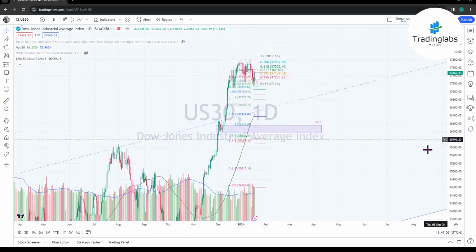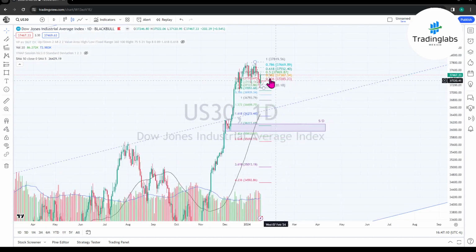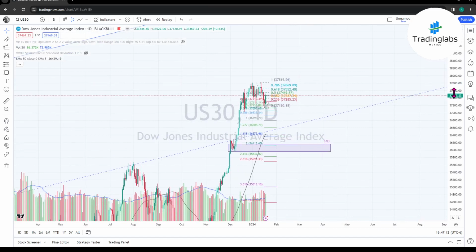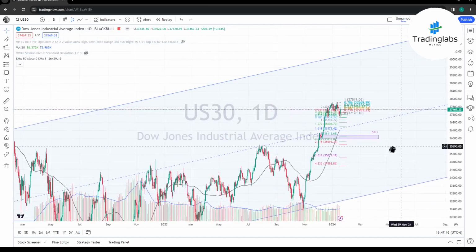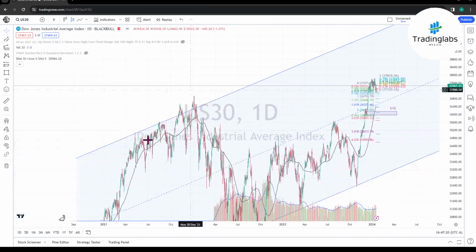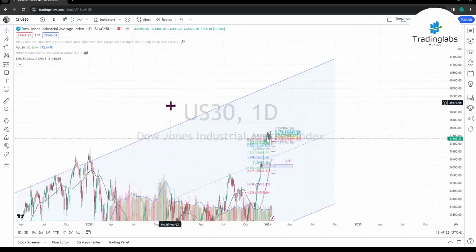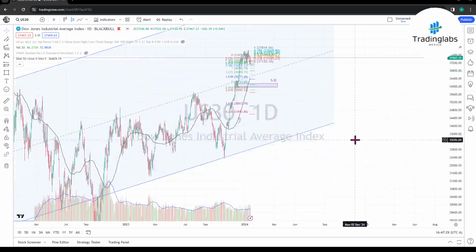You got it? So maybe, or not maybe, it's still bullish and wants to go to the next resistance, and from here decides to go to here, right?